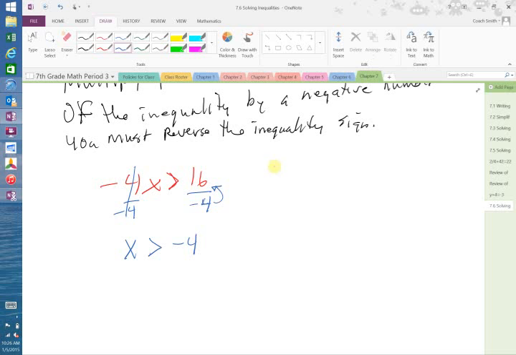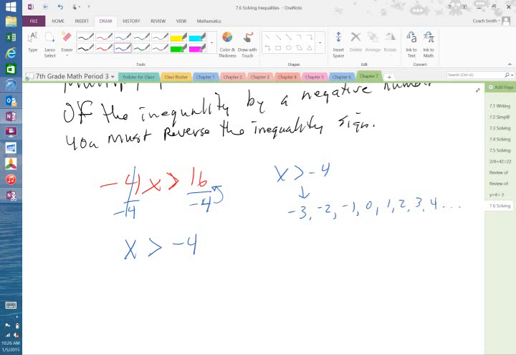So x greater than negative 4 means negative 3, negative 2, negative 1, 0, 1, 2, 3, 4, and so on. Those numbers are all greater than negative 4, correct? Correct. Good. Thought I lost you, back to Clash of Clans zombie brain again.